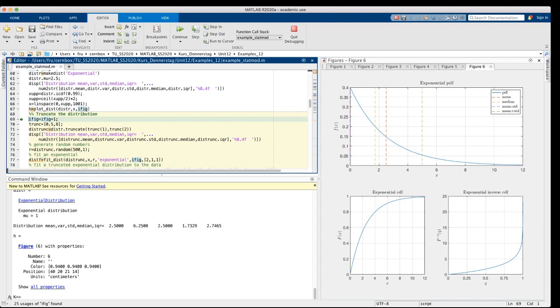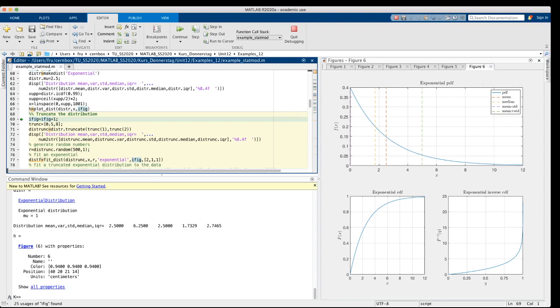And the first quartile is at 0.25, the second is the median, and the third one is at 0.75. So the interquartile range contains exactly 50% of the mass of this distribution.